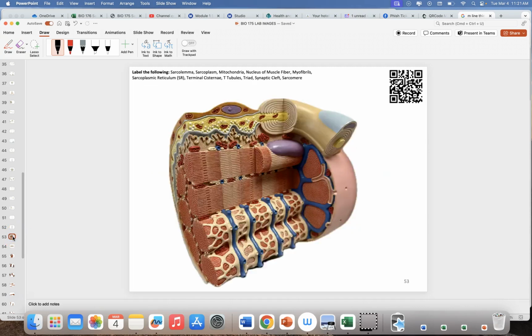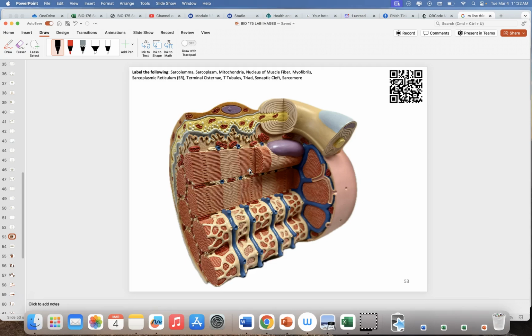When we talked about this skeletal muscle fiber model, we looked at the myofibrils, these bundles of proteins, and we did briefly talk about how the arrangement of those proteins comes together to form the sarcomere, which we can see right here. The sarcomere, again, is the functional unit of the skeletal muscle fiber.